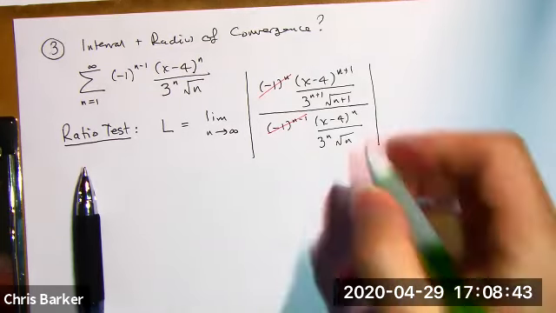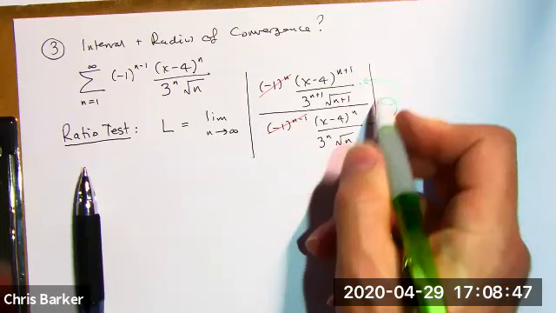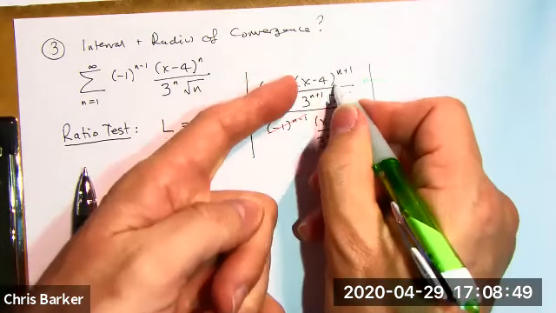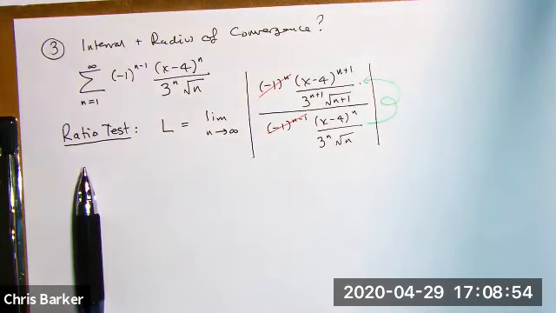So I am going to flip the bottom over as usual, and I'm going to tuck in those absolutes to only apply to the x minus 4s, and I'll leave it off everybody else.